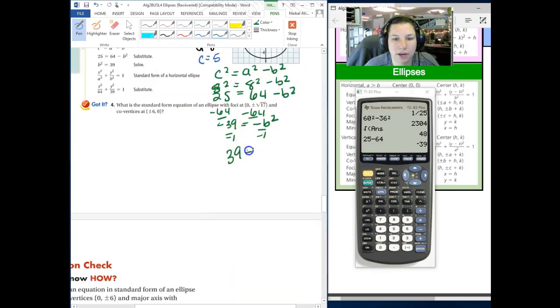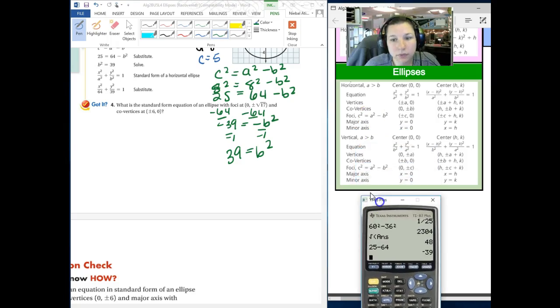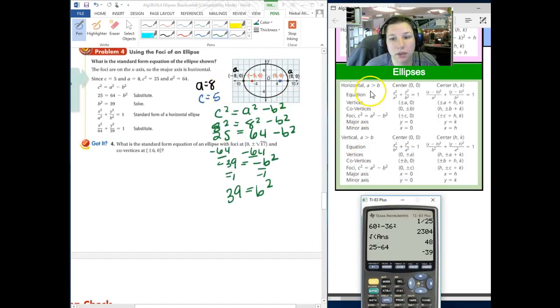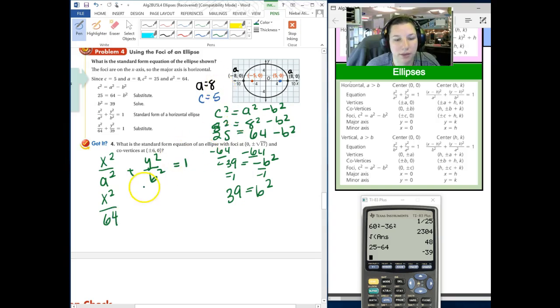So 39 equals b squared, and this asked us for the equation. So this one is horizontal, yes? So we need to do x squared over a squared plus y squared over b squared equals 1. a squared was 64 because a was 8. And the b squared we just found was 39. We can get our equation.